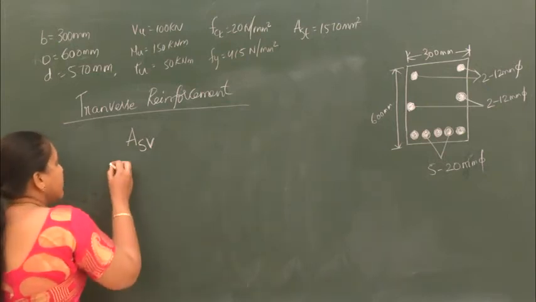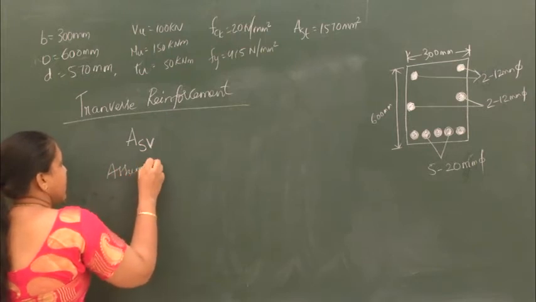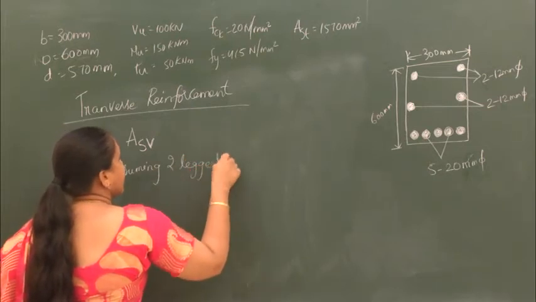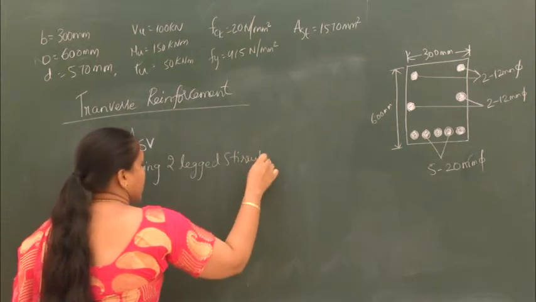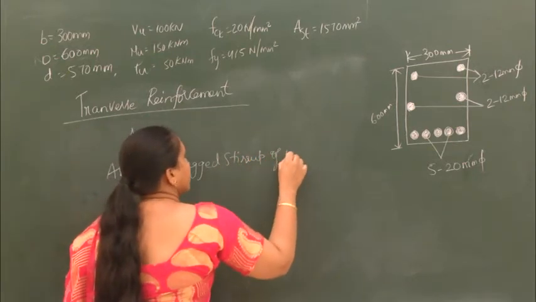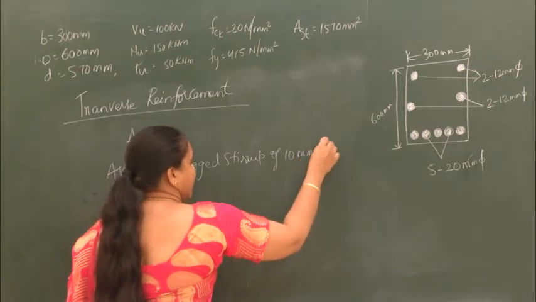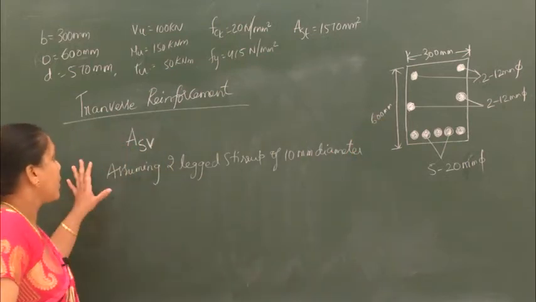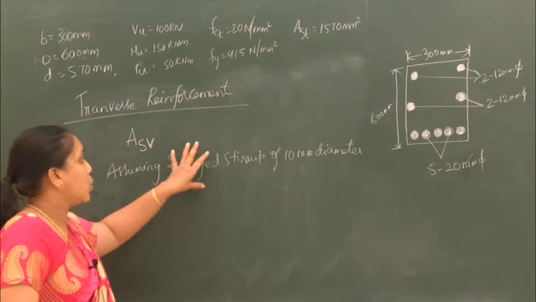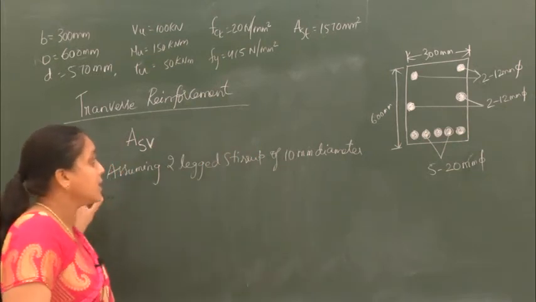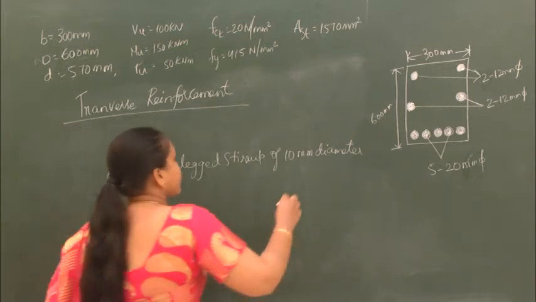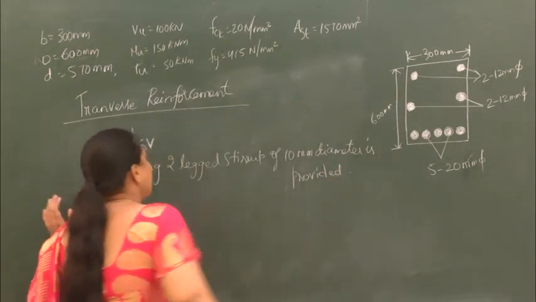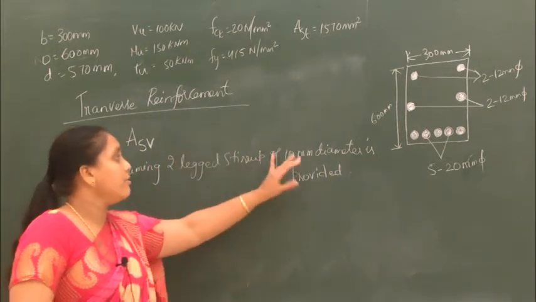To find the area of the vertical stirrups, I am assuming a two-legged stirrup of 10 mm diameter. So I am going to provide a two-legged stirrup of 10 mm diameter.